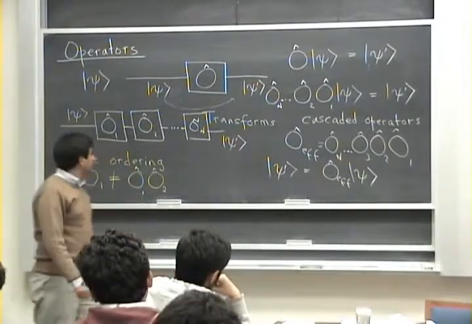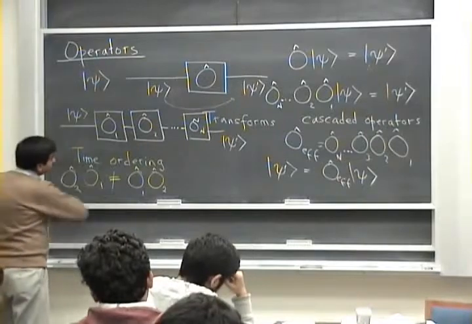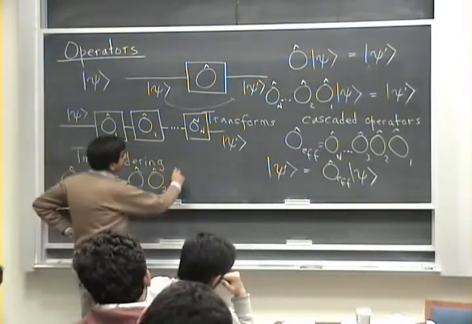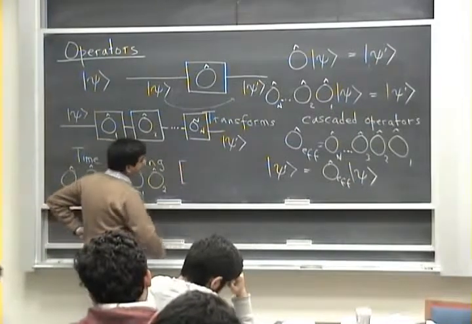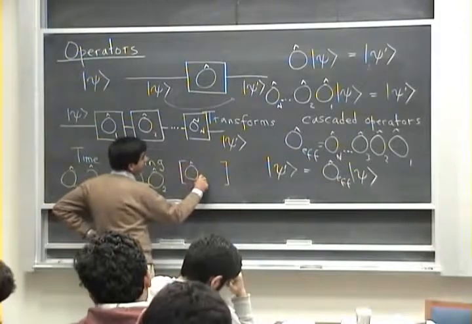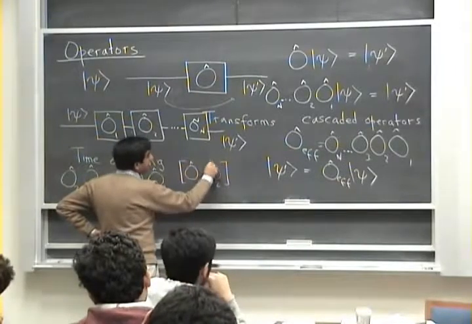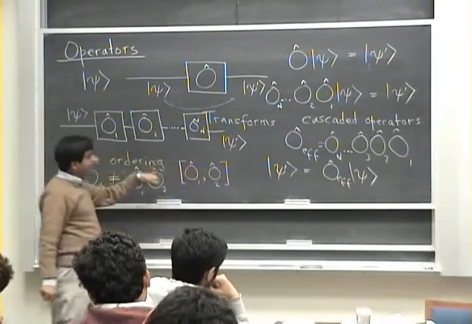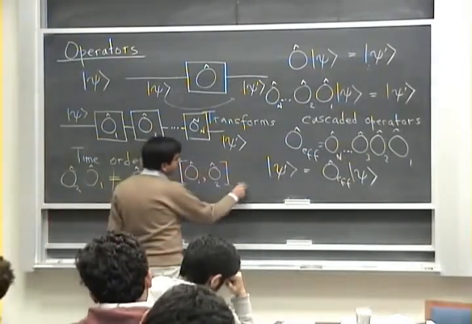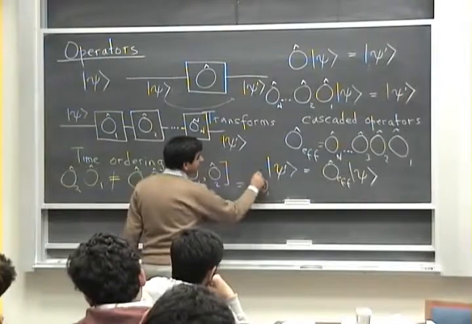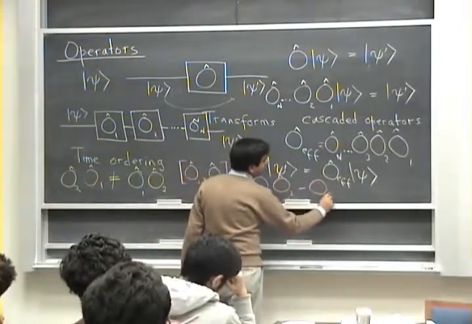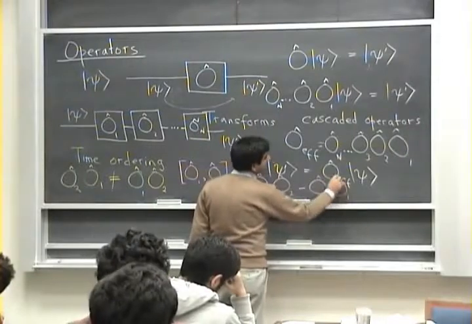Okay? So in order to capture this phenomenon, we define in quantum mechanics an operation between two operators, O1 and O2, by putting a comma between them and enclosing them in square brackets, and this is defined as O1 multiplied by O2 minus O2 multiplied by O1.